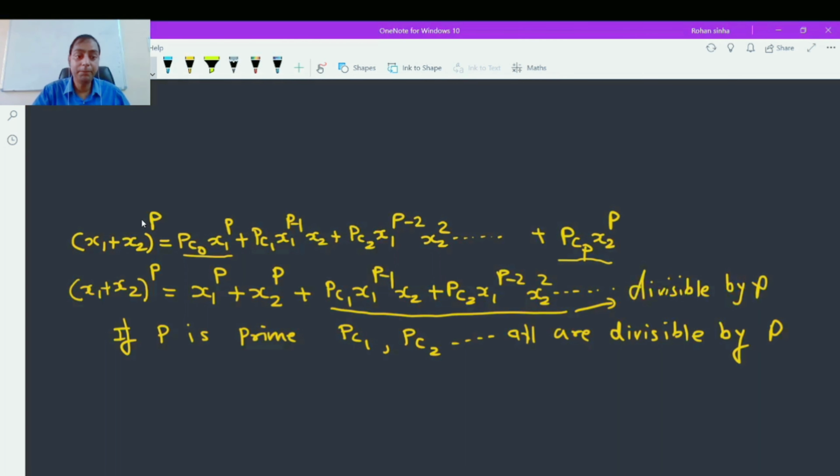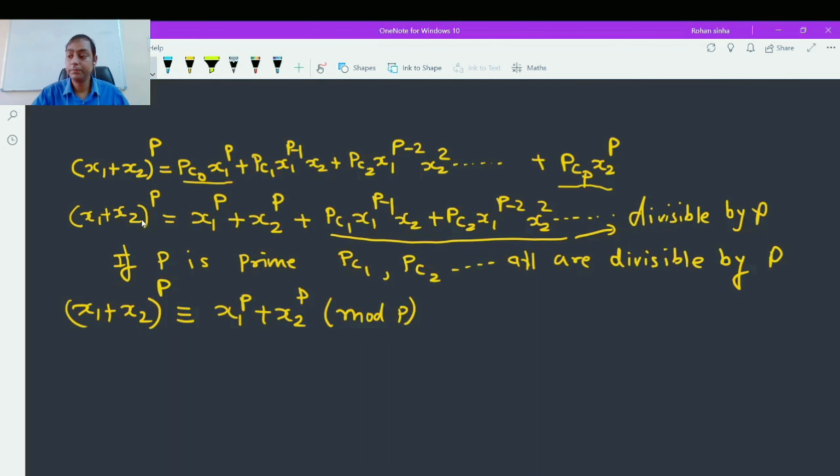So simply we can say that (x1 plus x2) whole raised to P is congruent to x1 raised to P plus x2 raised to P mod P.